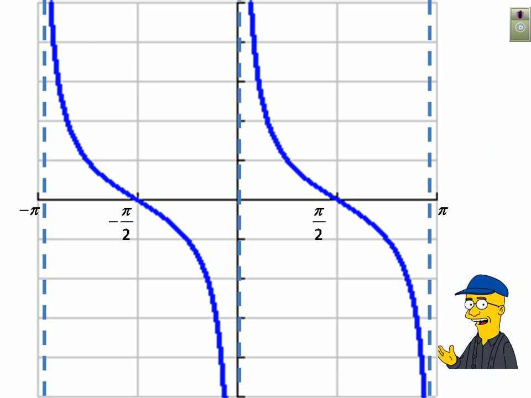Now just some things we want to know. First of all, the domain. The domain is all real numbers except theta cannot equal any multiple of pi. You can see there's asymptotes at all the multiples of pi. So theta cannot equal a multiple of pi.